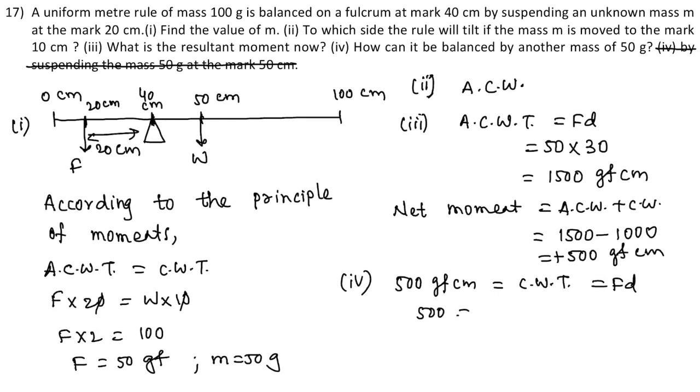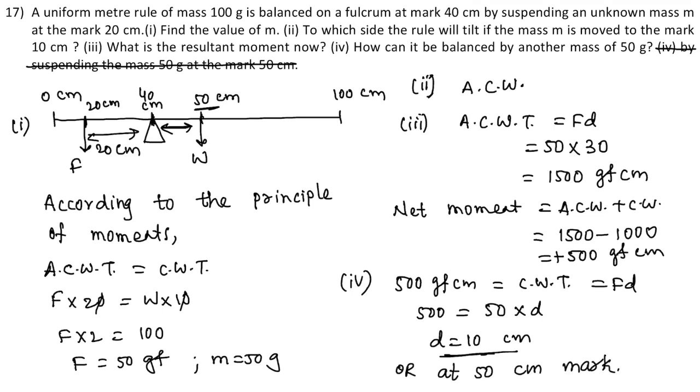So 500 is equal to force is 50 into D. So D is equal to 10 centimeter. Alright, so additional mass 50 gram must be suspended at 10 centimeter mark from the fulcrum. And if you see from fulcrum 10 centimeter mark on the right hand side is nothing but 50 centimeter mark. So your answer can be D 10 centimeter or at 50 centimeter mark.